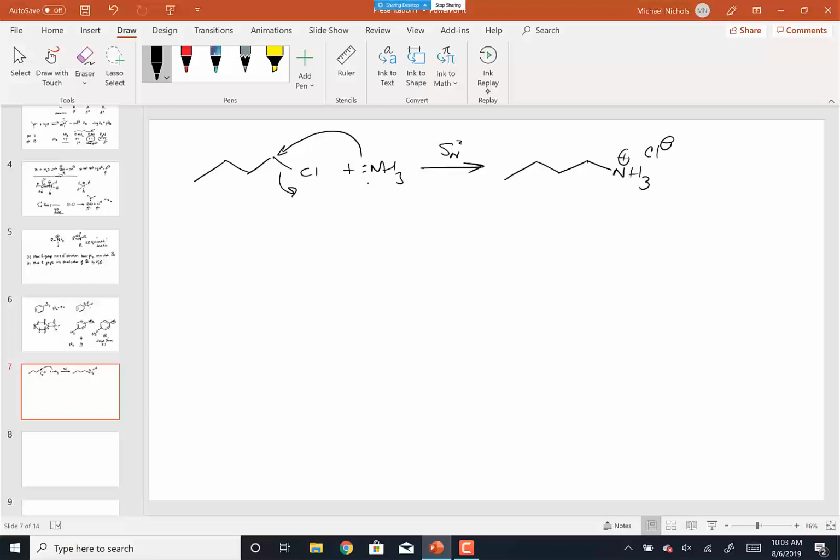When we react them in SN2 reactions, we can't get rid of the H plus, and all of a sudden the Cl minus hangs around as a counterion. So whenever we're doing reactions of amines, they tend to protonate. But we know that because if they're in water, ammonia protonates anyway. So this can be a real problem in organic synthesis.